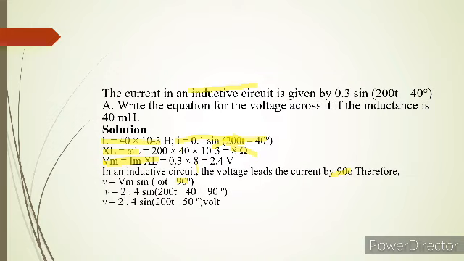So Vm sine (200 t plus 90 degrees minus 40 degrees). I have taken the same thing they have given, but plus 90 degrees because the voltage leads by 90 degrees. By solving, 90 minus 40 is the angle, 50 degrees. We arrive at the equation 2.4 sine (200 t plus 50 degrees) volts.